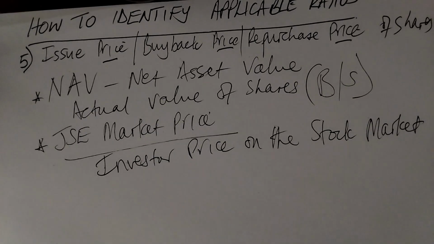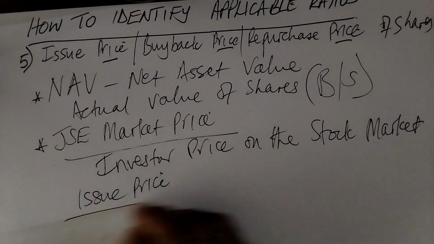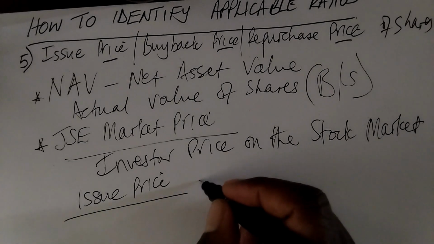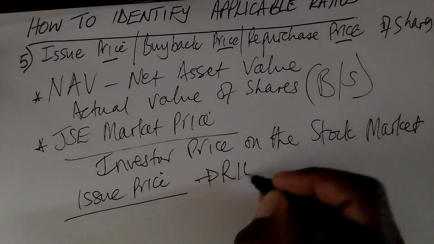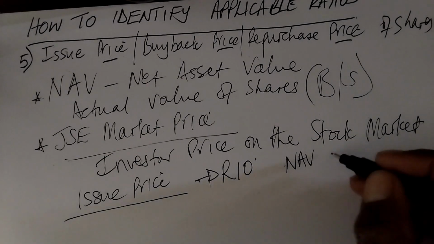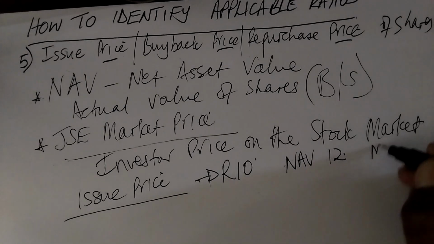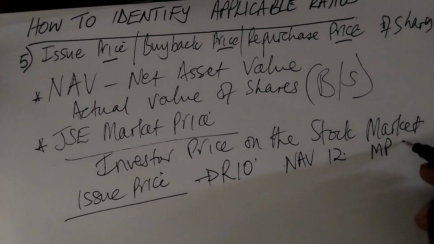So now let's say they're asking you to comment on issue price, and they tell you that the issue price was 10 rands, the NAV is 12, and the market price is 15. It's very simple.